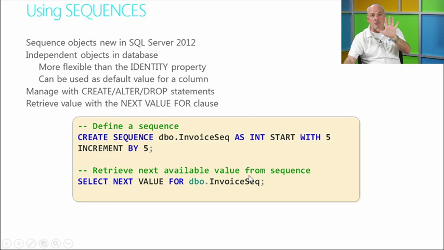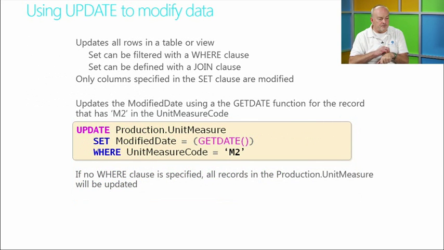So if the last number used was 25, the next value would be 30. If I'm quick with math, I can do 30 minus 5 is 25. So this would retrieve what the next value is going to be, that's going to be populated using this sequences option, which again, new to 2012, is set up at the database level instead of a table level like the identity.